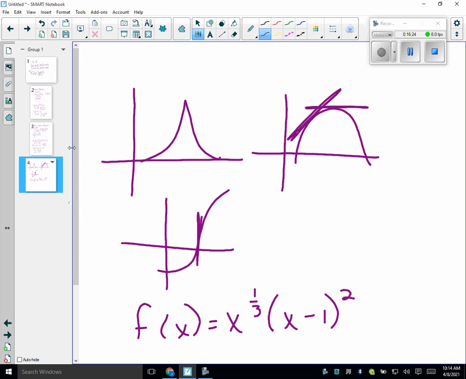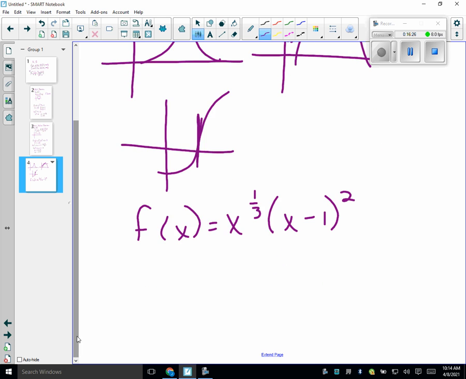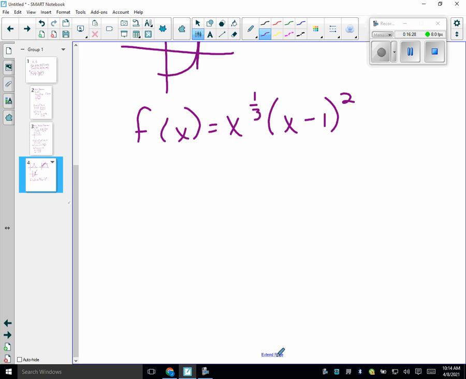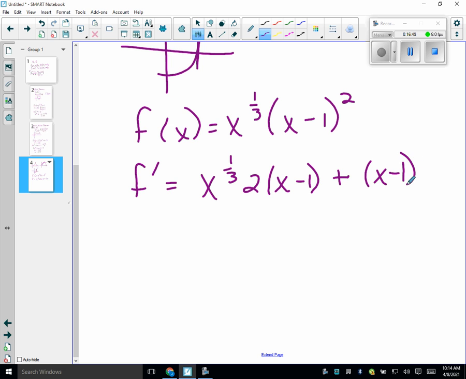All right? So, derivative, right? Is that a product? Which is the first? What's the derivative of the second? Plus the second. What's the derivative of the first? 1/3 x to what?